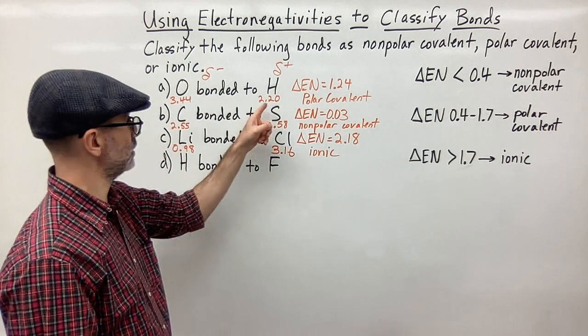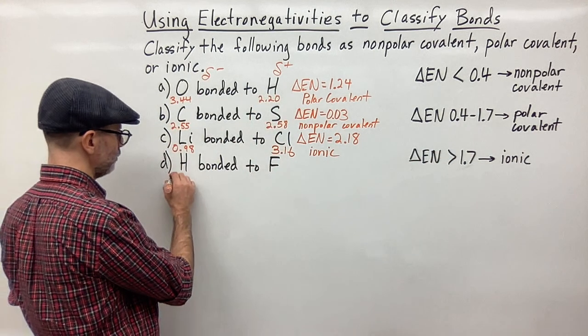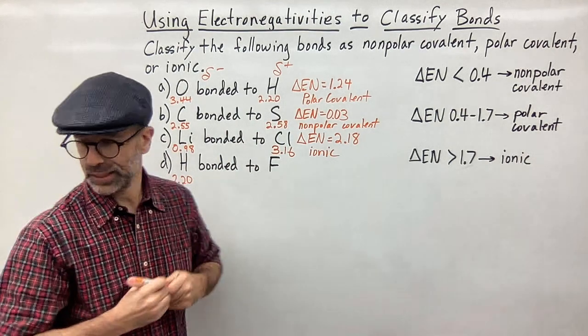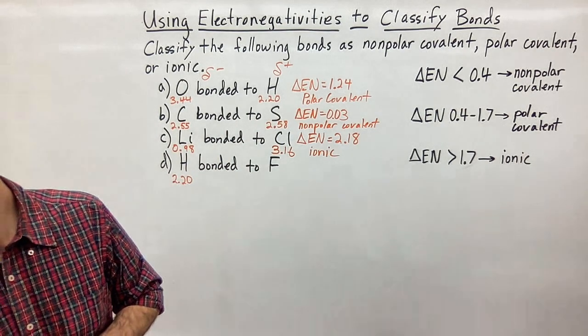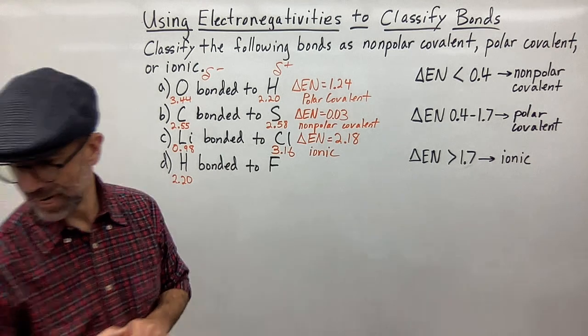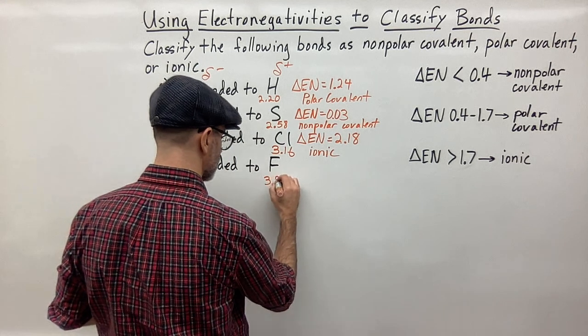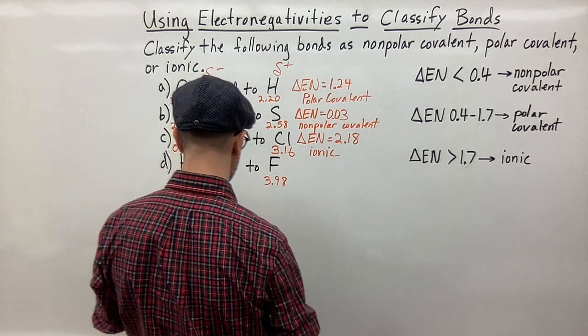So hydrogen is the same. We have an electronegativity of 2.20. Fluorine has an electronegativity of 3.98.